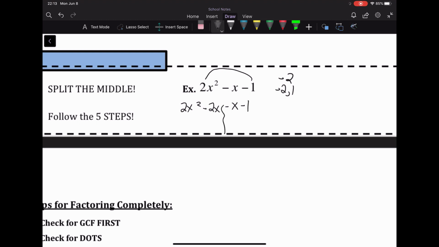Draw our little line down the middle. We can pull out 2x from this, and so we'll have x minus 1. And we could take out a 1 from here, so we'll have plus 1, and this will be x minus 1 as well. So we're left with 2x plus 1 times x minus 1.